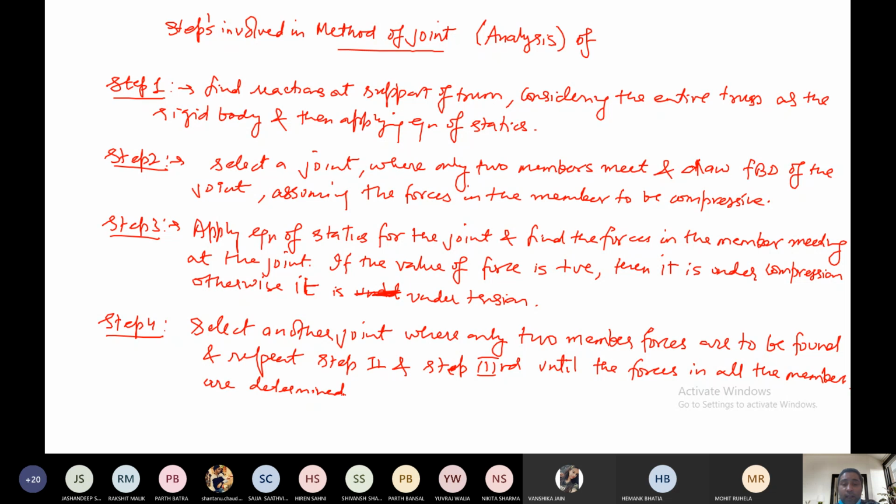So have you written all these steps? Sir, just a second. I have also made it on the board so that you can cross check if any line or any word is missing, because these 4 points are very, very important for you to remember. So once you write, then tell me. I will explain all the 4 steps and then I will take an example.